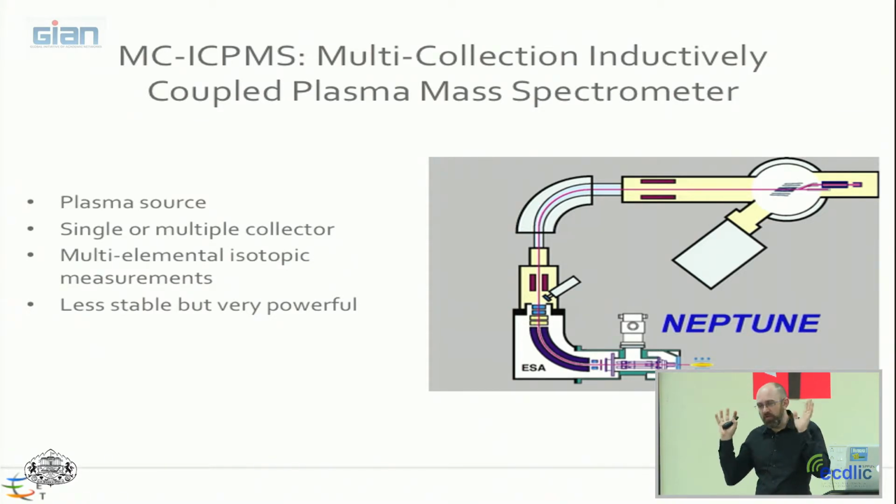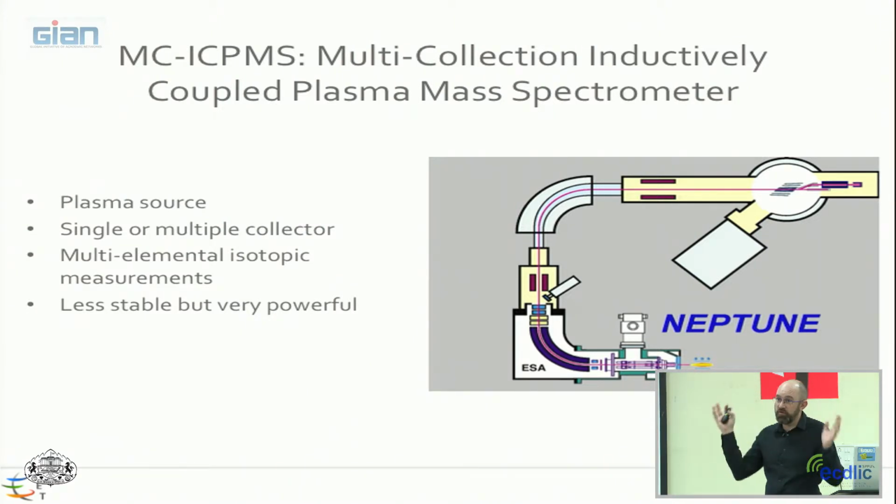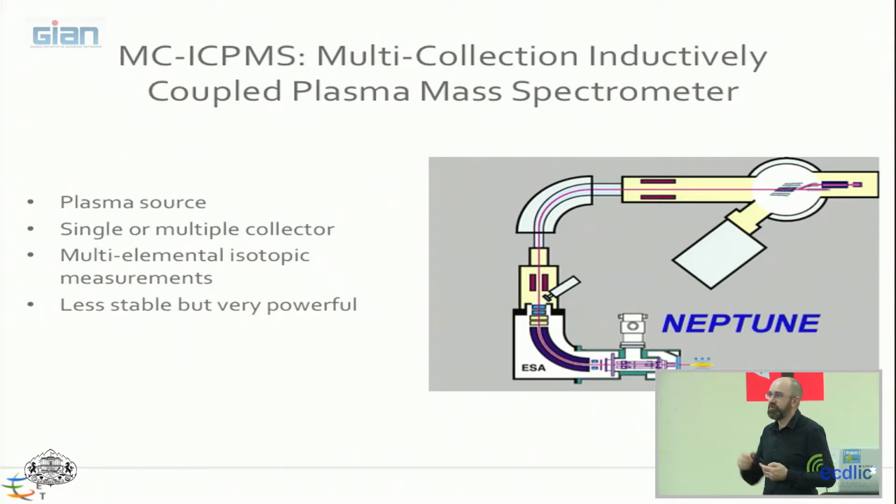You don't have the problem of ionization potential because the temperature is so huge that you can ionize everything in the plasma. Normally, if the machine were perfect, you can throw your strontium, neodymium, lutetium, lead, everything inside the machine, and you should be able to measure all the isotopic ratios.